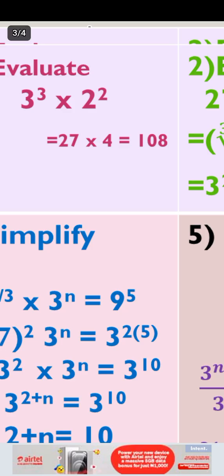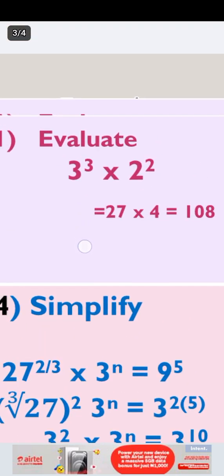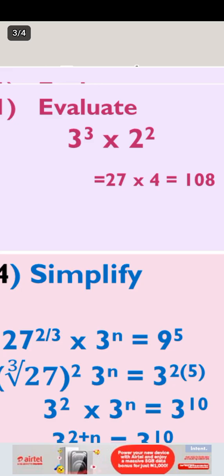For example, let us take example 1 here. Example 1 is telling us evaluate 3 raised to power 3 times 2 raised to power what? 2. You discover that in this question, the bases are not the same. 3 is not the same thing as 2. And the power is there. What we need to do here is to evaluate it. 3 raised to power 3 is 27, and 2 raised to power 2 is 4.